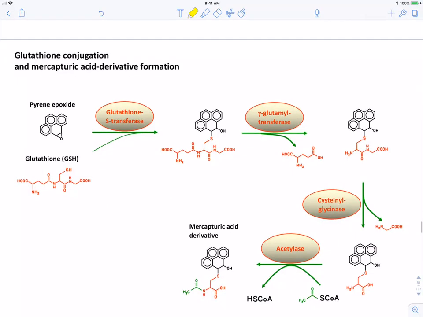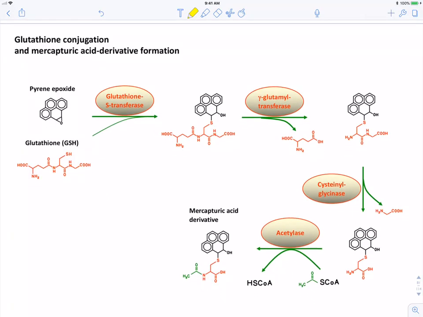So let's see, for example, what happens when we add glutathione to a reactive epoxide. First we have glutathione S-transferase, which opens up the epoxide ring and forms the first adduct.